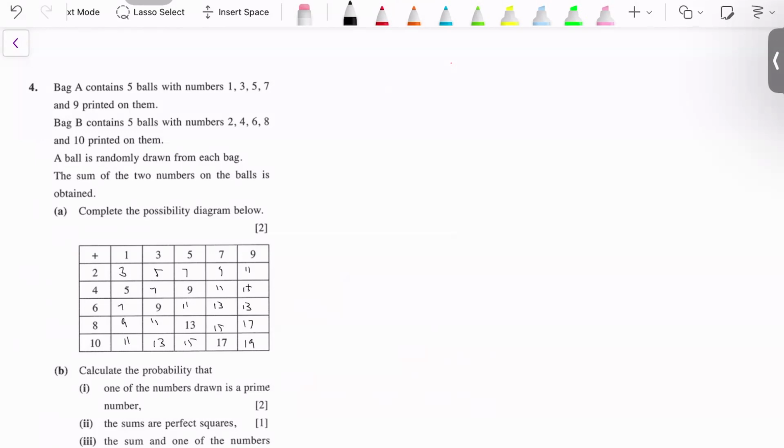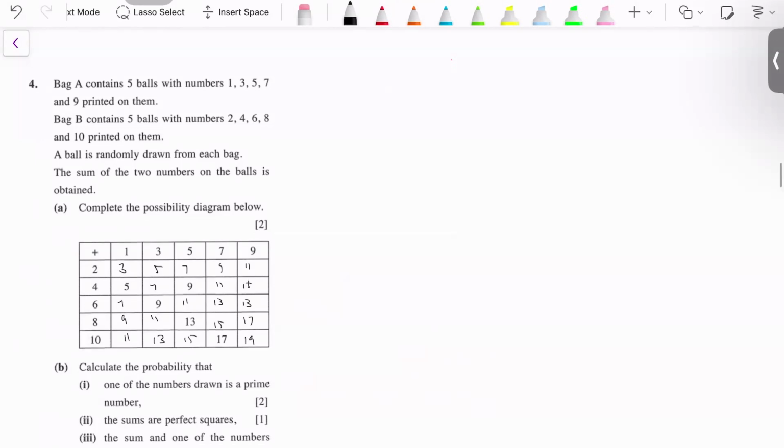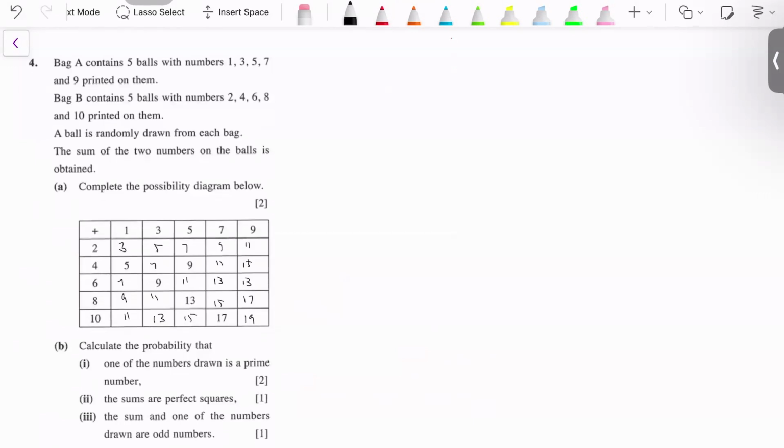Okay, so we have completed our possibility diagram by adding the number from bag A and the number from bag B. They ask for the probability that one number drawn is a prime number. Our prime numbers are 3, 5, 7, 2, and that's all.